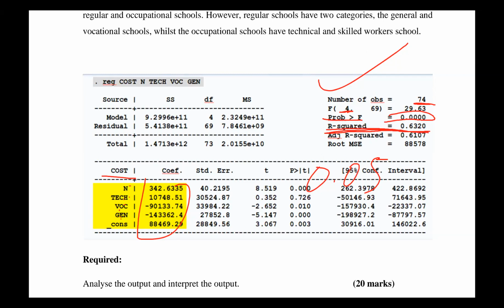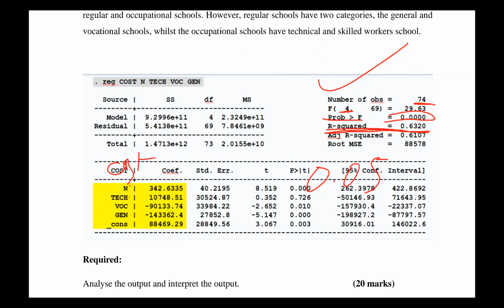The R squared shows the amount of the variance of Y explained by X. I'm saying the amount of variance of Y explained by what? By X. In short, for this question, it explains the amount of the costs that is explained by what?